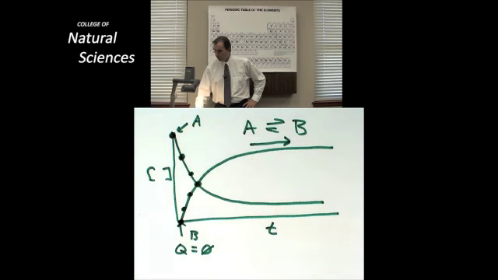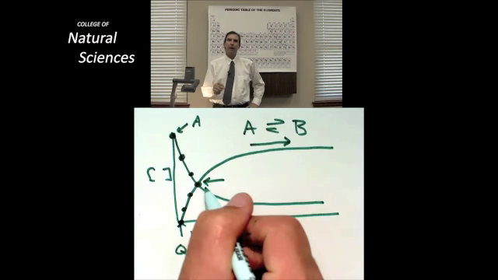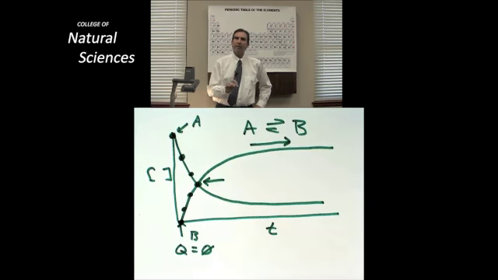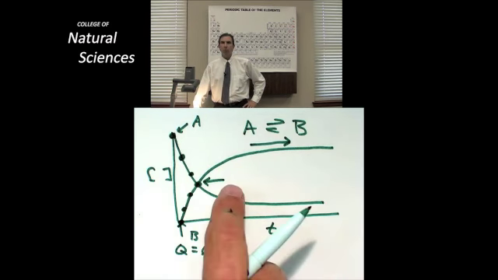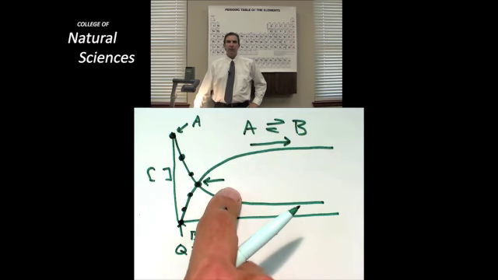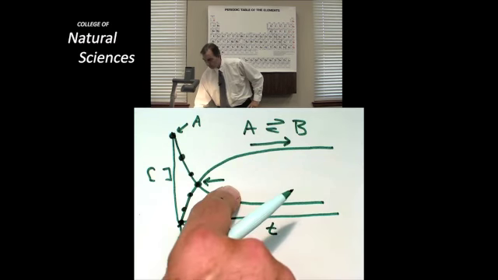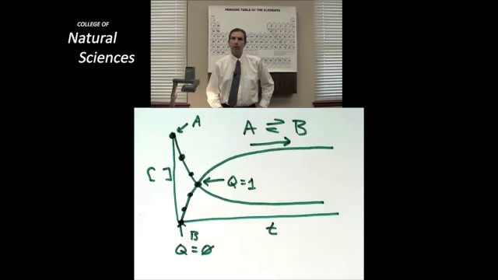And it keeps on trucking along. At this point right here, interestingly, this is the point when the amount of A and B happen to be exactly equal to each other. And if I put them into my expression for Q, where Q is B over A, and I started with 100 A's, that would be 50-50. In other words, Q would be equal to 1 at this point. And the reaction keeps going.